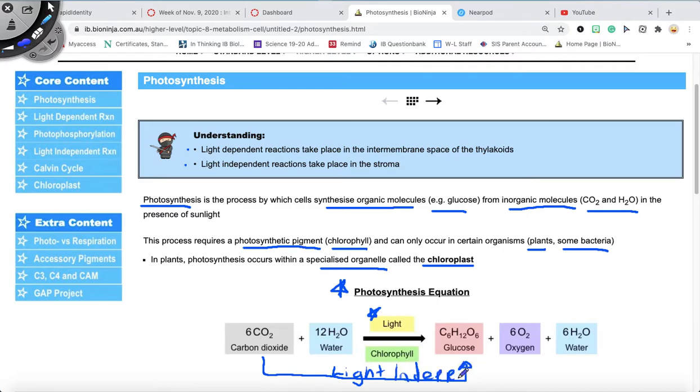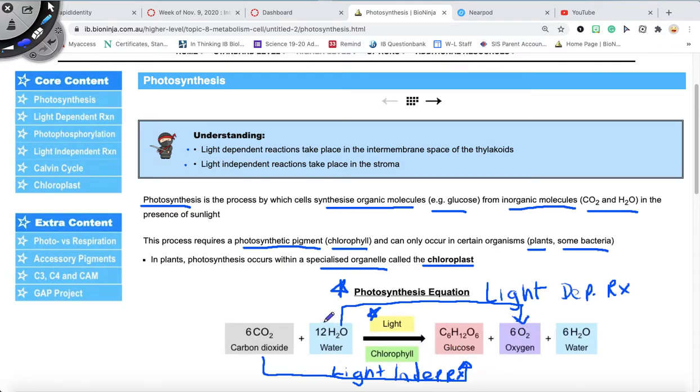I'm going to write that here. And when water splits through the process of photolysis and it releases oxygen, this is part of the light dependent reaction. So the difference between the two is light dependent requires light and light independent does not use light.